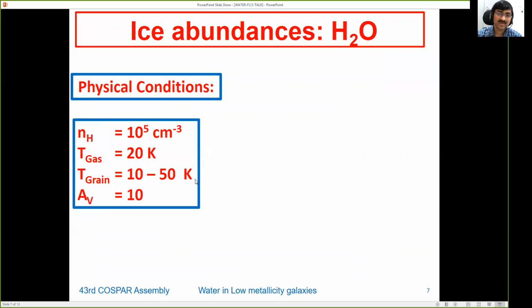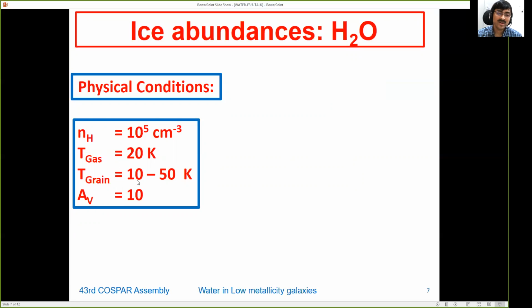Now let us see the water abundance. First I will present the abundance of water ice for isothermal clouds. In this case, the density, gas temperature, and visual extinction are kept constant.